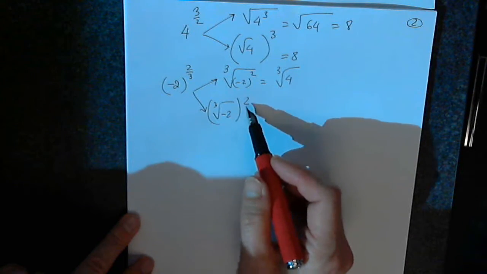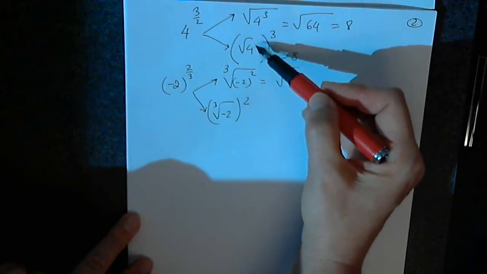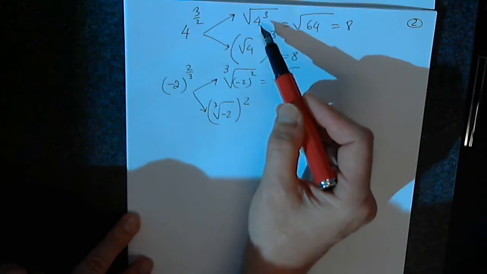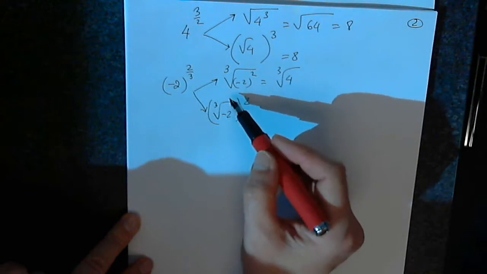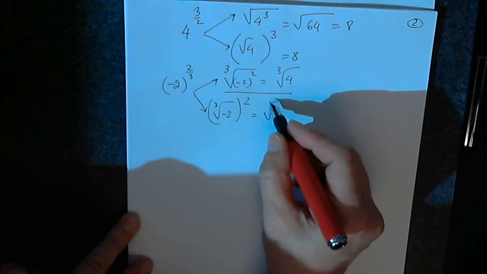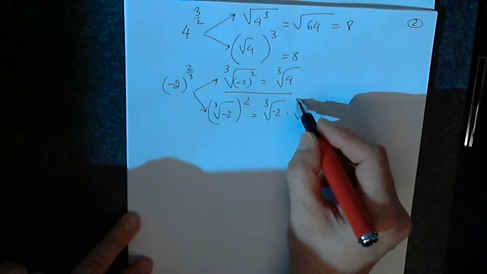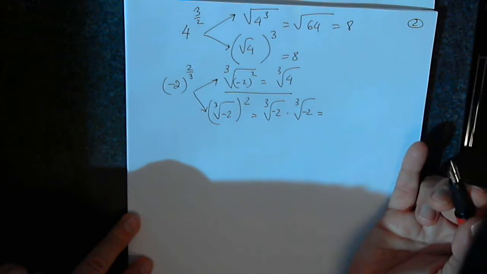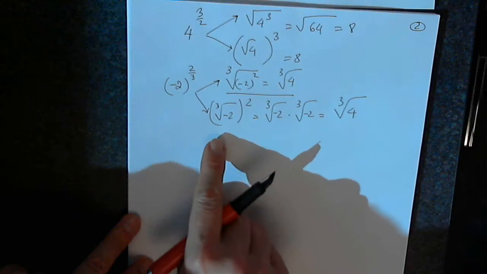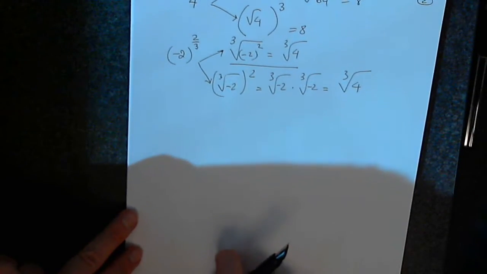This is a little bit more inconvenient in this case. So in these 2 situations, this was easier to deal with than this. Here, this is definitely easier than this, because now I have to say the cube root of negative 2 times the cube root of negative 2. It's the cube root of 4. So this is slightly more difficult.